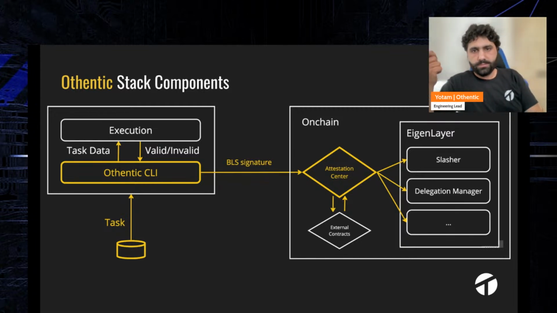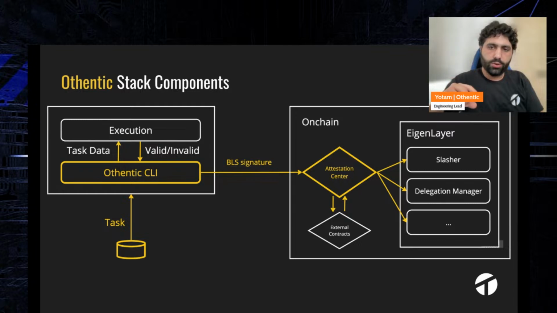Basically, the Othentic stack contains two main parts, which are the Othentic CLI, or the Othentic node software. The Othentic node software plays the role of a consensus client. It includes the P2P layer and the communication, the attestations, the BLS signature, all of that stuff.